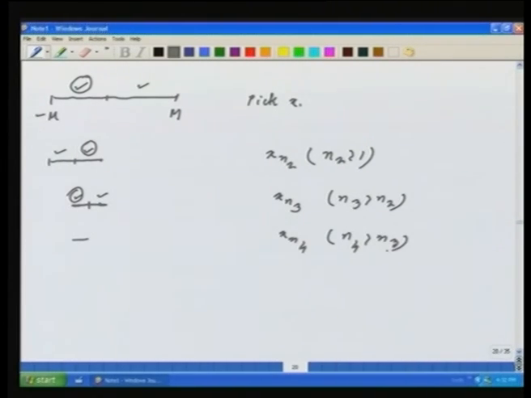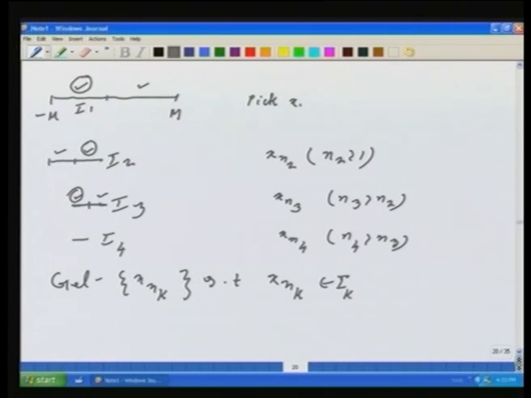Okay. Now, from this we can get a subsequence x n k such that if I call this subinterval I 1, this I 2, this I 3, this I 4, what I get is that x n k belongs to I k.